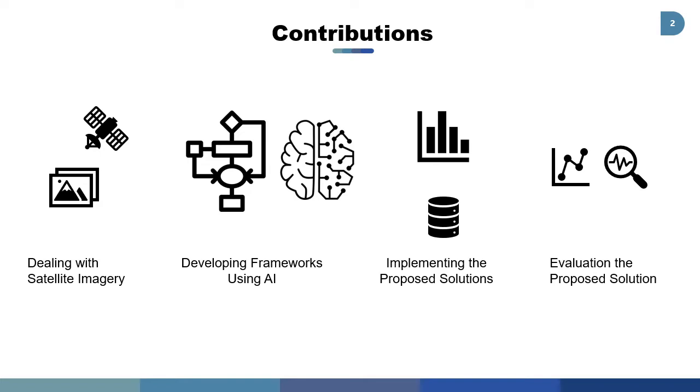It's not simple imagery, it's captured from around 800 kilometers. Secondly, we are going to show you how we develop a framework to detect the date palm parameters using artificial intelligence. Third is how to implement the proposed solution, and finally to evaluate the proposed solution.